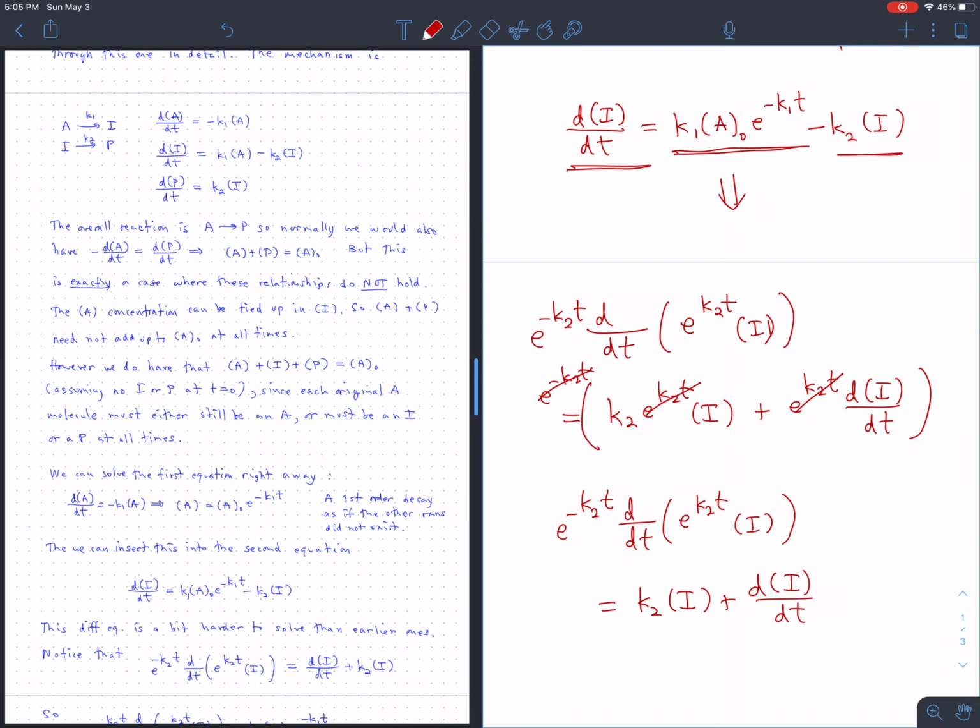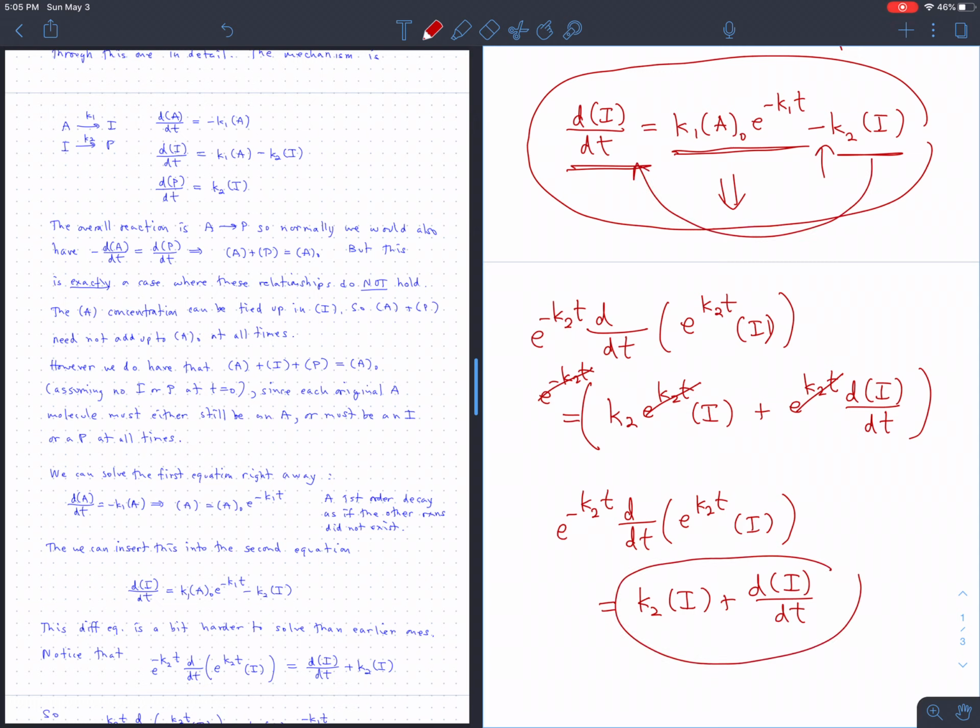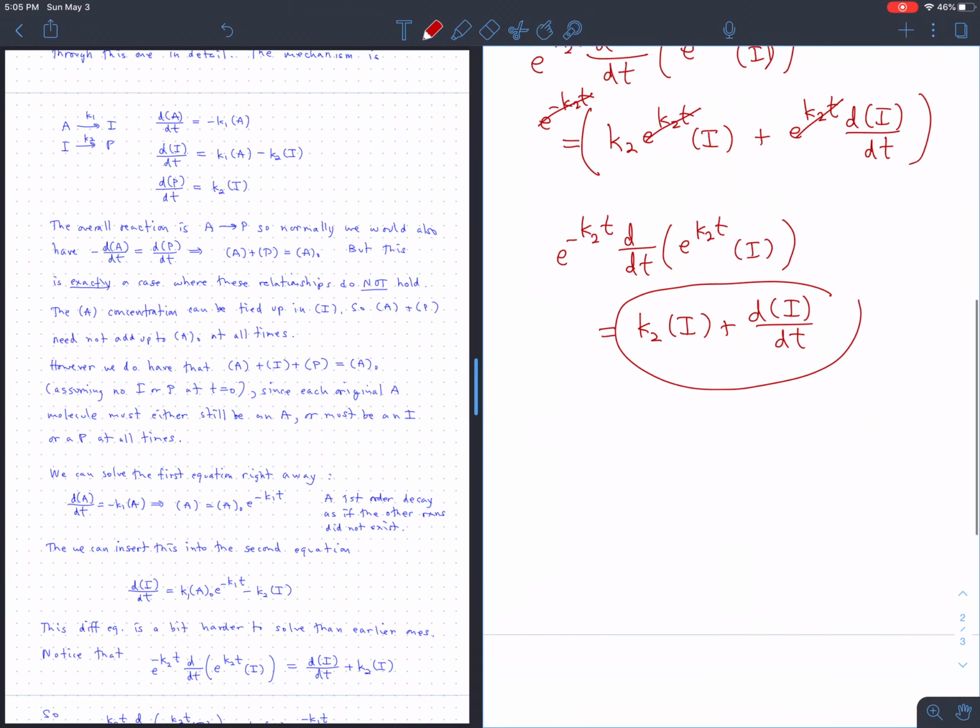And if you look up at the differential equation that we have to solve, there's a minus sign here, but once we move that over to the other side, that's going to become a plus sign. This side is most of what we need to solve our differential equation.